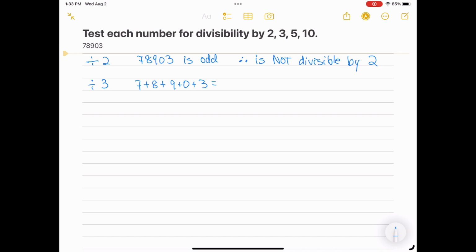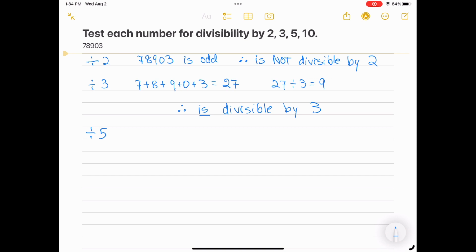And if the sum of its digits is divisible by 3, then it is divisible by 3. In this case, 7 plus 8 plus 9 plus 0 plus 3 equals 27. 27 is divisible by 3 because 27 divided by 3 equals 9. Therefore, 78,903 is divisible by 3.